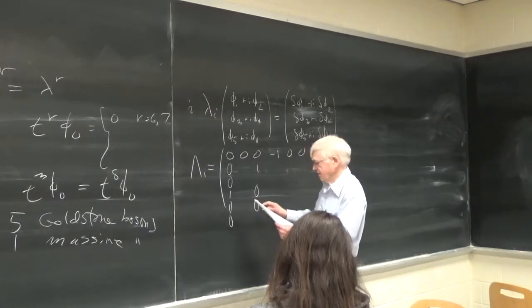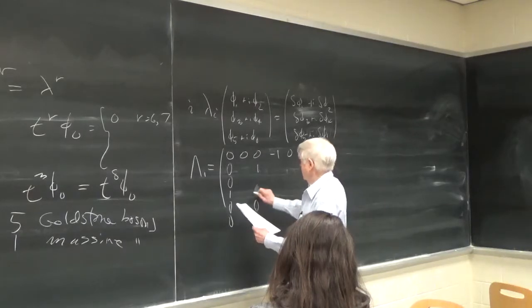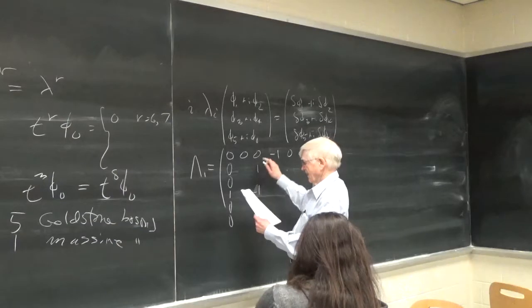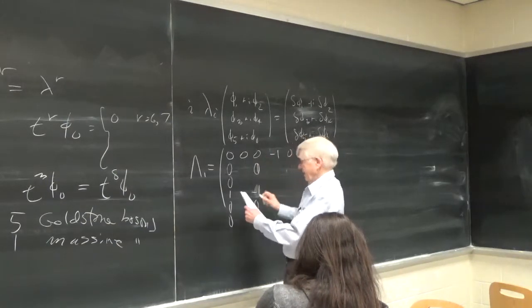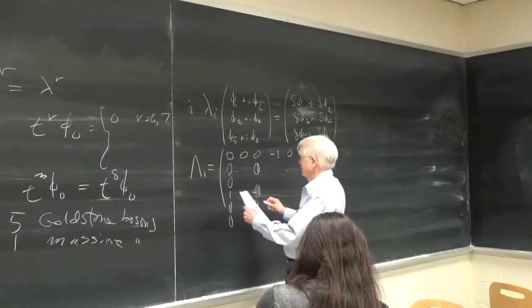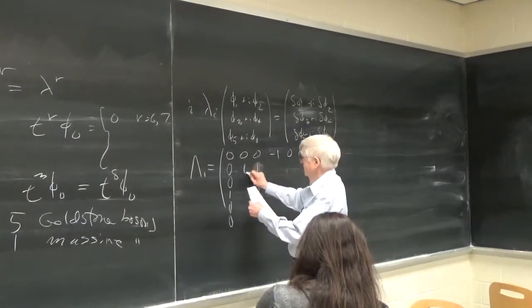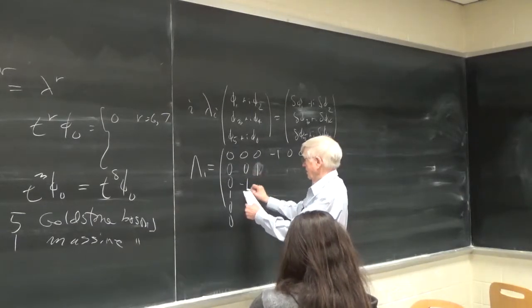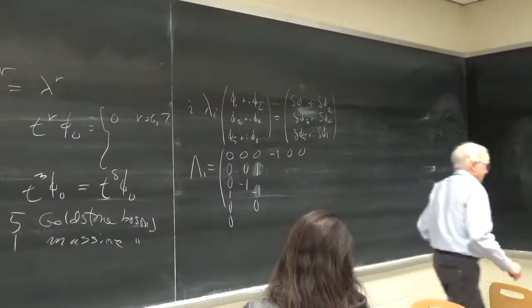Wait a second, where am I here? This one is -1. Actually, it's confusing to write them down. It's 0. No, that is a 1. Let me get the basis here.